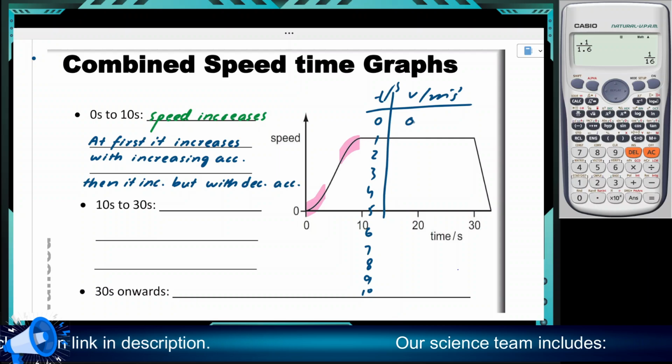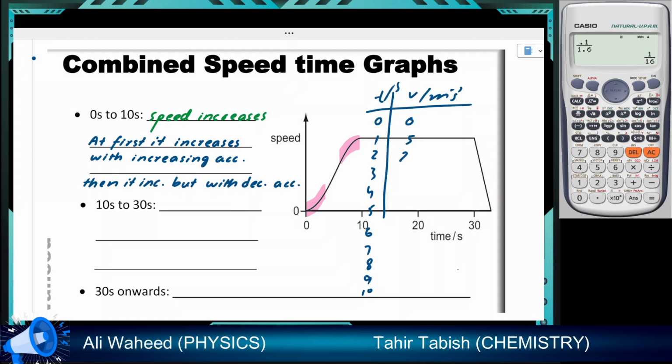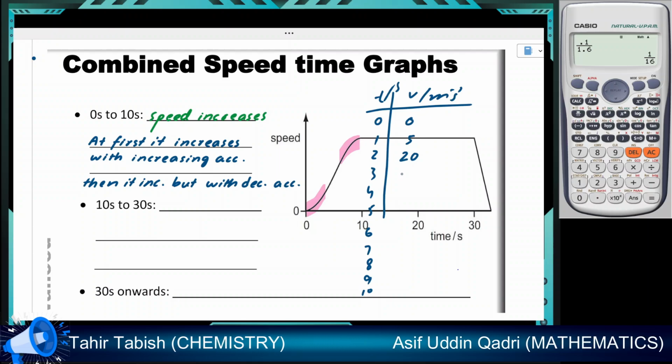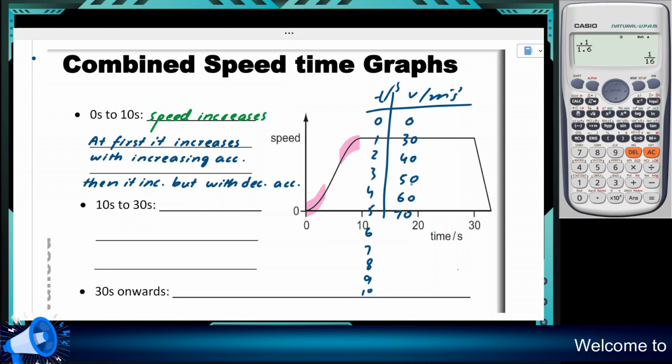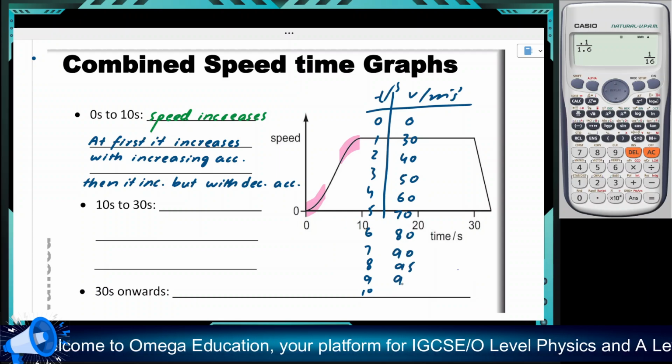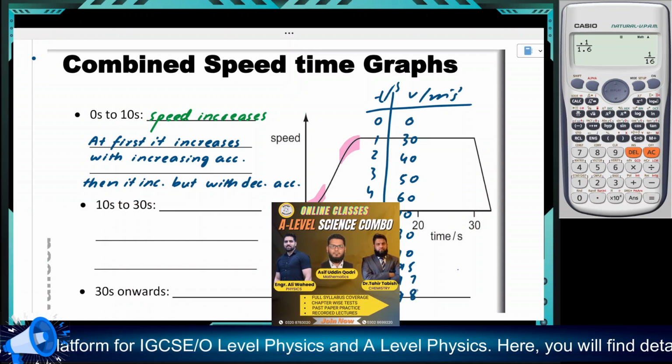At 0, the speed could be 0, and then let's say 5, then 20, and then, okay, let's make it easier, 10, and 30, 40, let's say, 50, 60, 70 here, and then we can go with 80, let's say 90, 95, 97, and then 98. So it could look something like this.